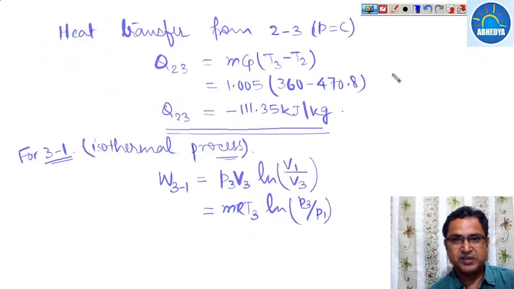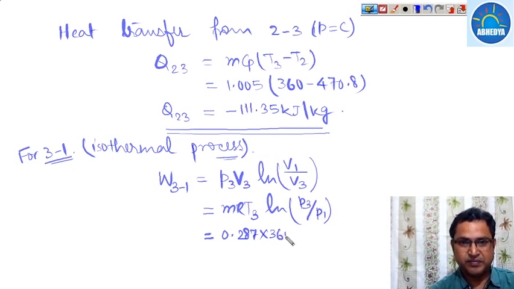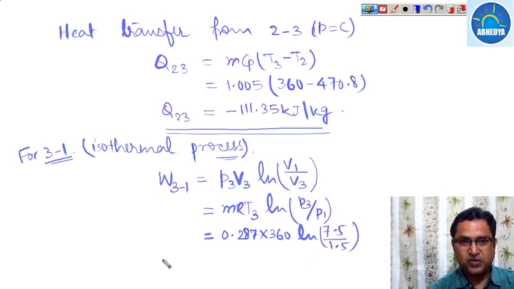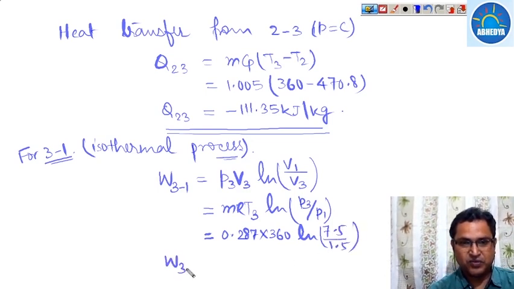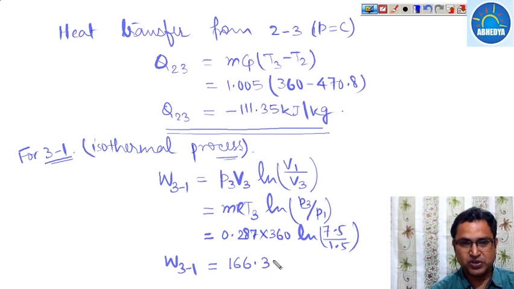So R is 0.287, the value of T3 is 360, ln (7.5 upon 1.5). Once you calculate the value, we will get the work done from 3 to 1, and this work done comes to be 166.3 kilojoule per kilogram.